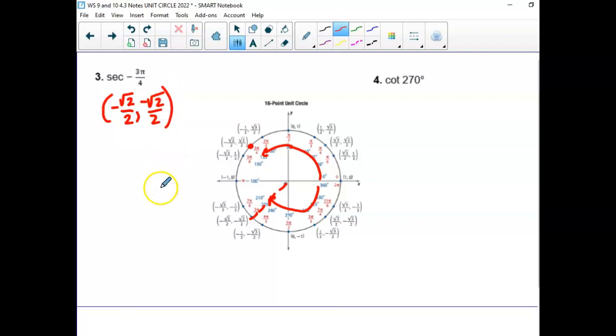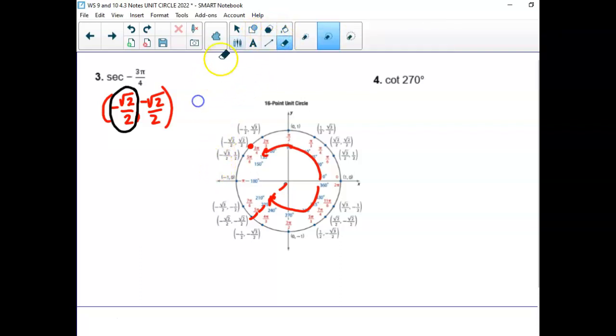Okay, what is secant? It's a flip of cosine. So this is the cosine. Doesn't matter, they're the same anyway, but you could write it this way. I don't suggest that. That's just gross, right? Let's just flip it, literally. So it is the reciprocal of cosine. So when we flip that over, we get this.